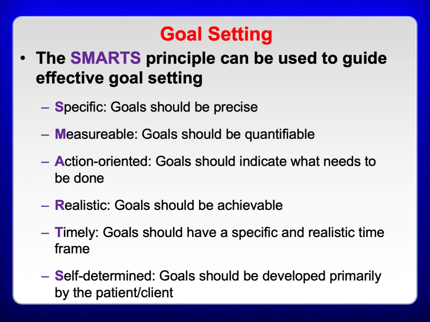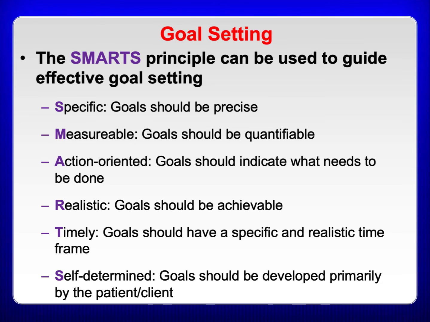I want my bench press to be 135 pounds. Whatever it is, it provides you with something that's specific and measurable so that we can determine, have you met this goal or not? Saying I want to get stronger, it's difficult to measure. So keep that in mind.